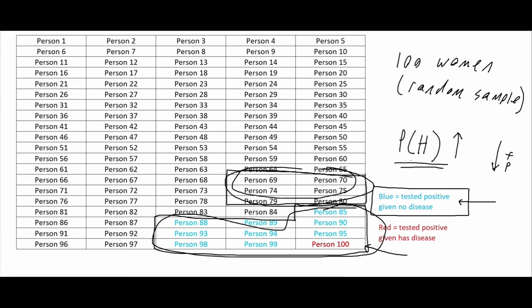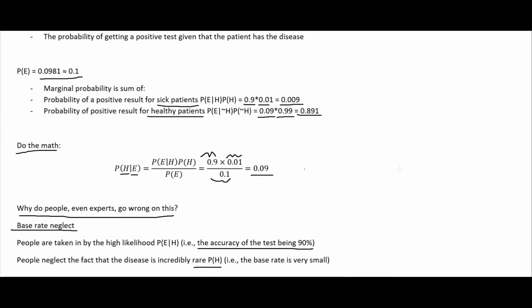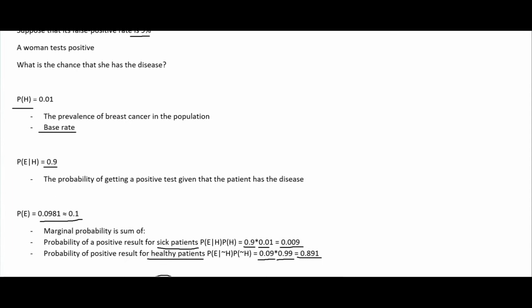So there are times where you have to guess the base rate, and I'll talk about that in a future video, where you do Bayesian iterations: you guess a base rate, run this calculation, and get a posterior. Then you take that posterior and put that back in here and run the calculation again, and keep iterating that. But I'll talk about that more in the future.